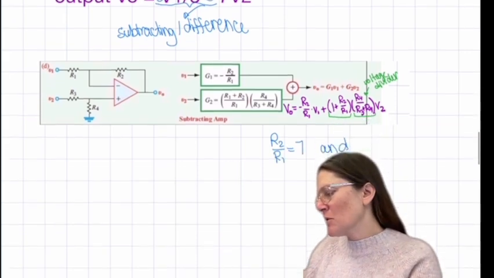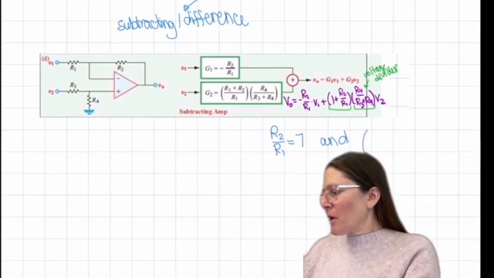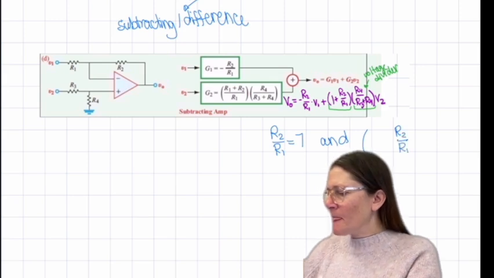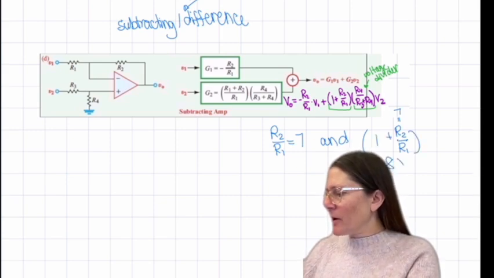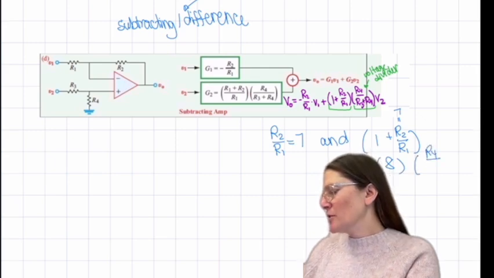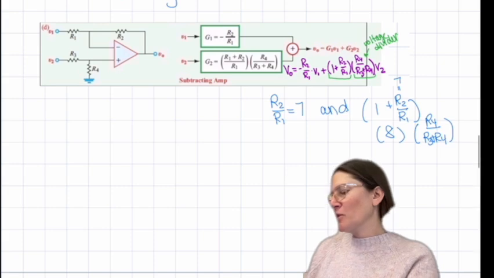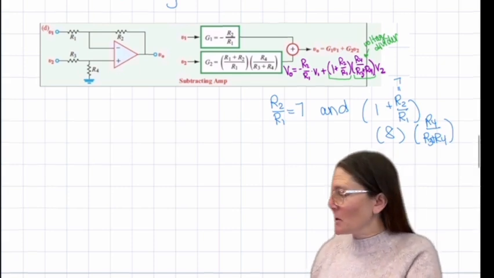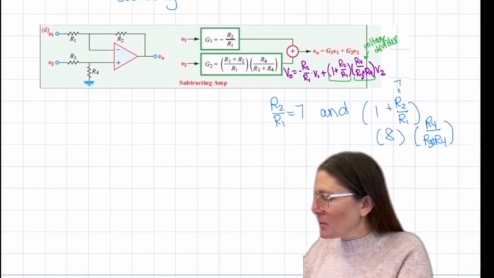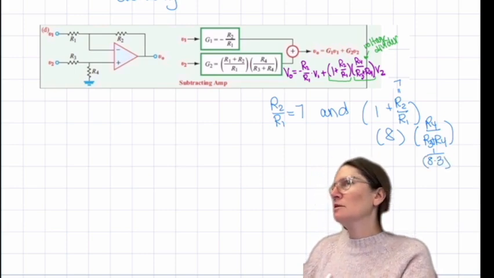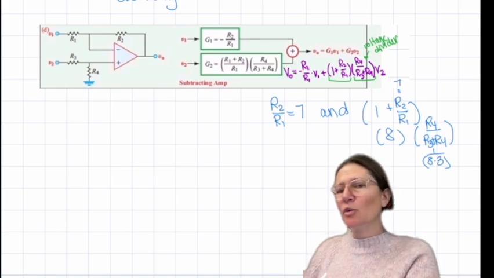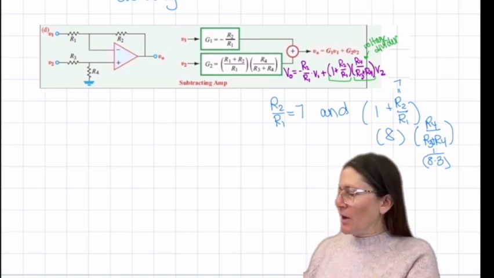And at the same time, if R2 over R1 is 7, is there a way to create R4 over R3 plus R4 to be 1 over 8 times 3, correct? So it would cancel out the 8 and give us a 1/3 of that input signal.